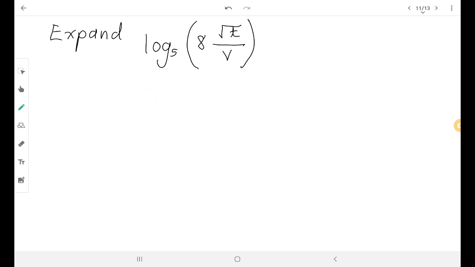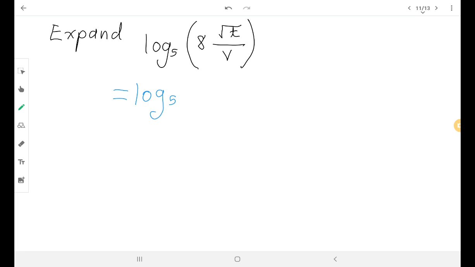Let's talk about how we might expand this problem. So we've got multiplication between those two and division here. So let's do this first. Let's look at the multiplication.